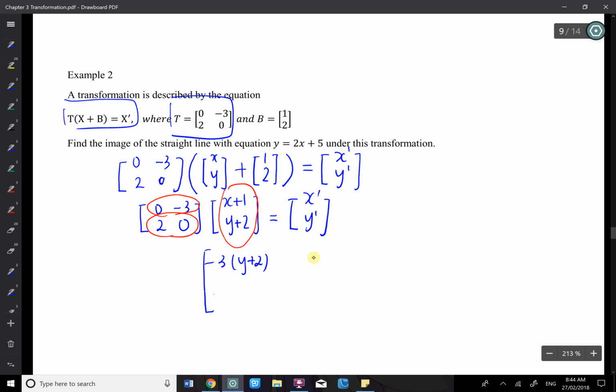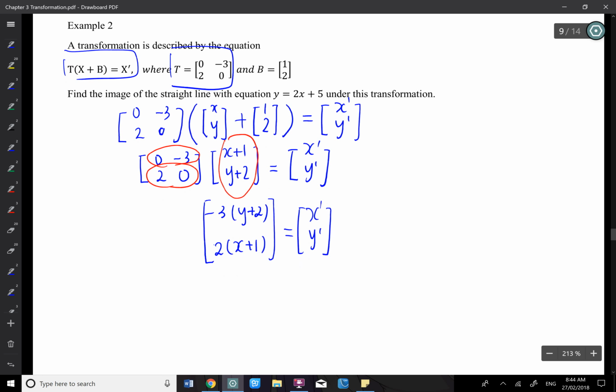And the second number will be 2 times x plus 1, equals x dash, y dash. Therefore, x dash equals -3y plus 2, and y dash equals 2x plus 1.